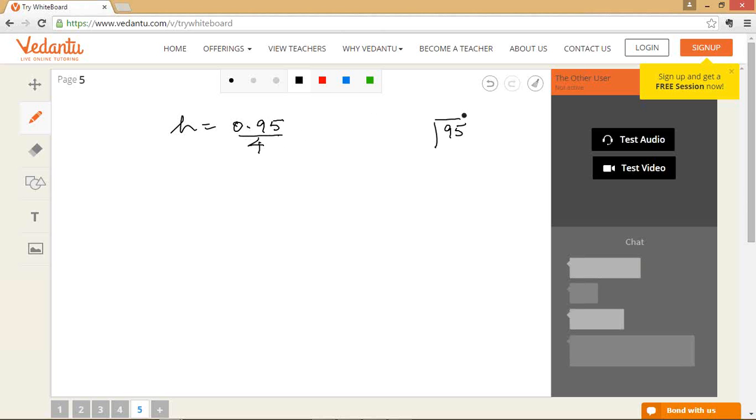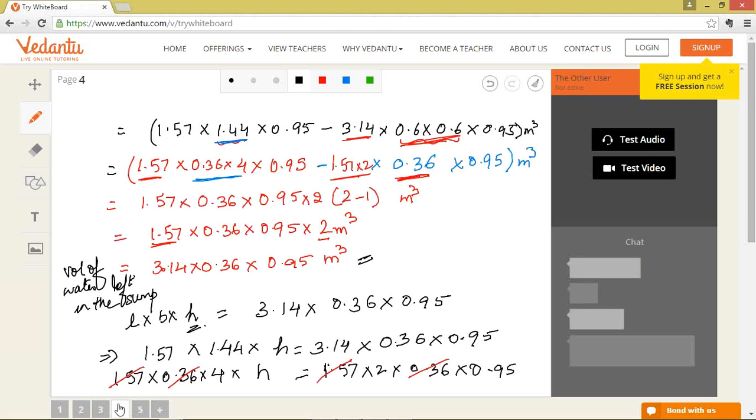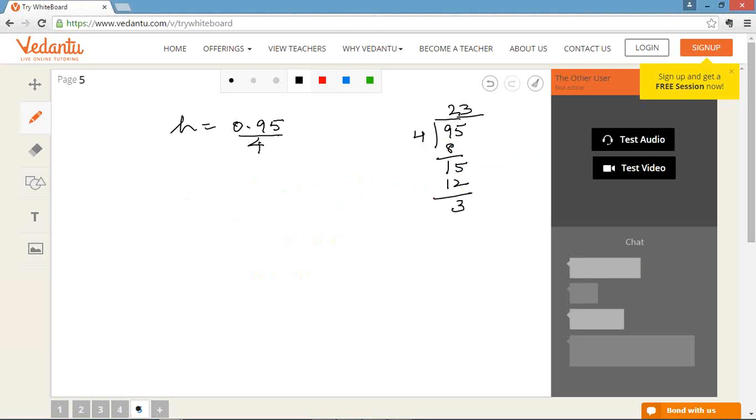So I'll quickly divide. 4 2s are 8, 15, 3s are 12, 3. Okay, let me see.